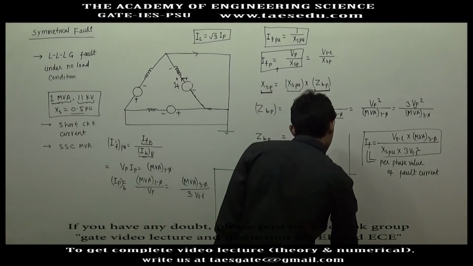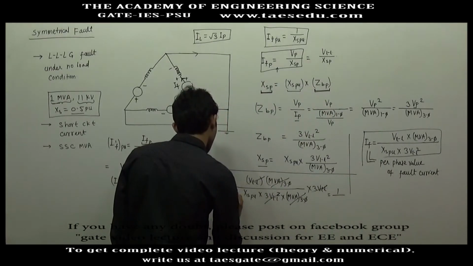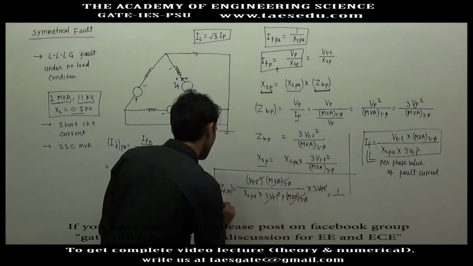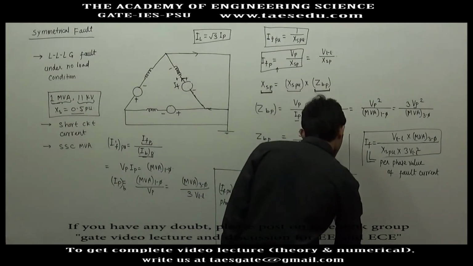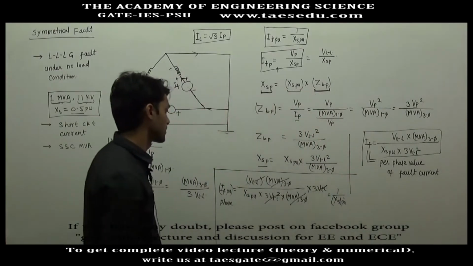So here also you are getting the PU value of fault current, this is the PU value of fault current in phase. This will be 1 by the PU value of per phase synchronous reactance.